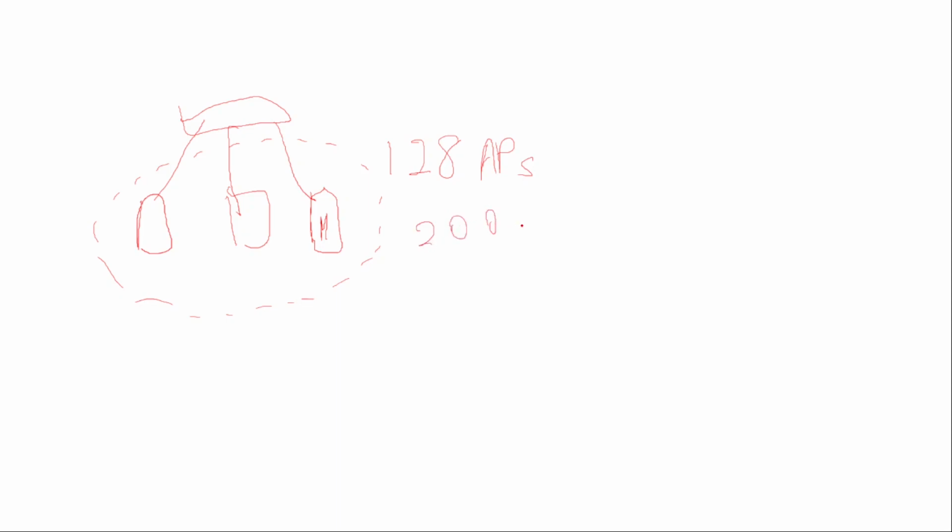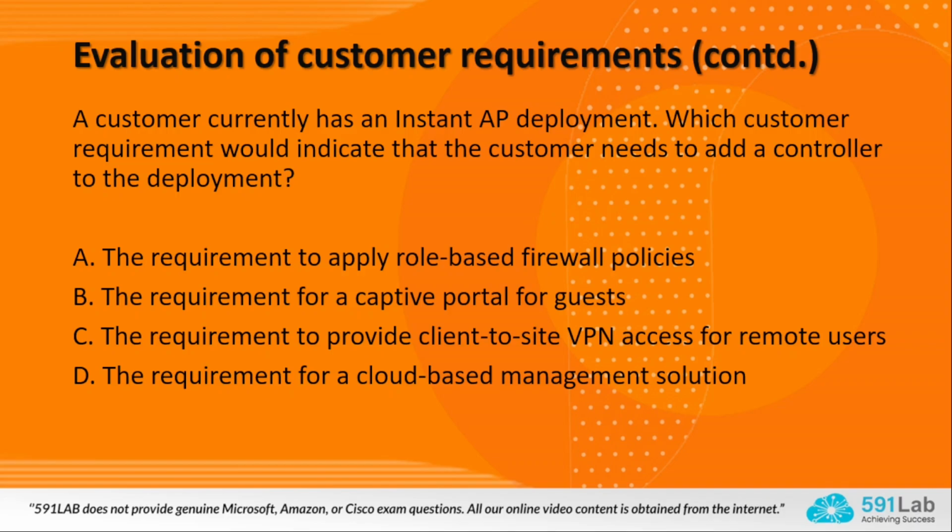So this is the sizing for this solution. This is Aruba Instant, the most cost-effective solution from Aruba. If you want to go beyond that 128 capacity, then Aruba recommends a controller-based solution with necessary sizing of the controllers. Let's go through the answers and see which requirement needs a controller.